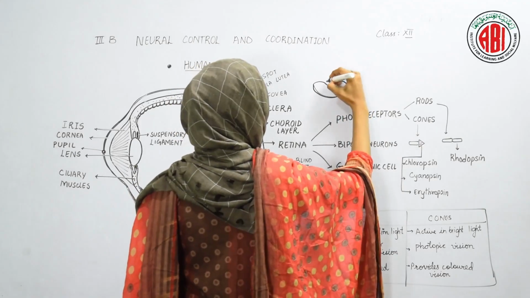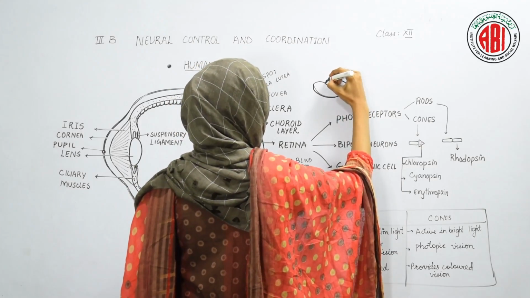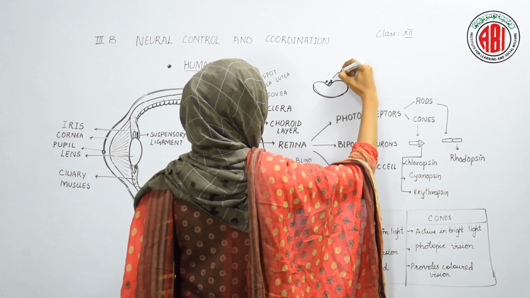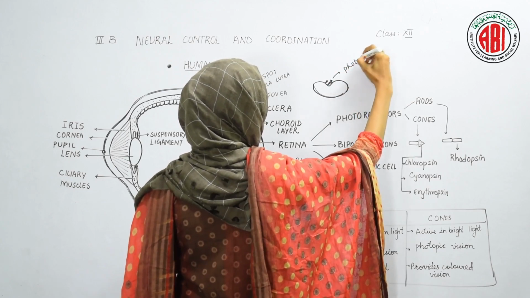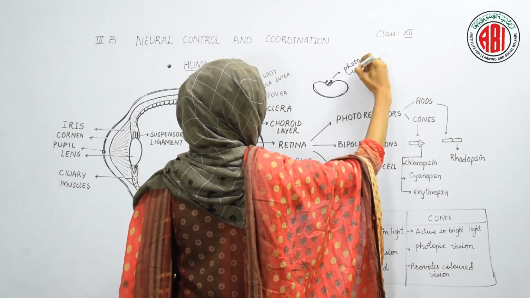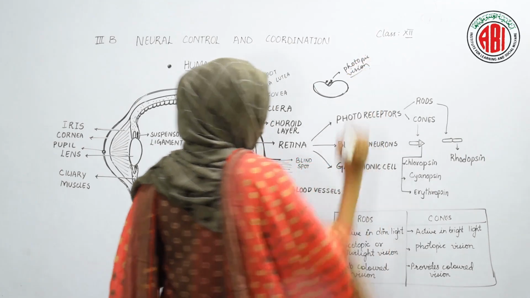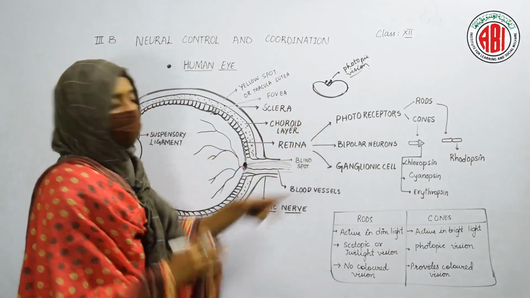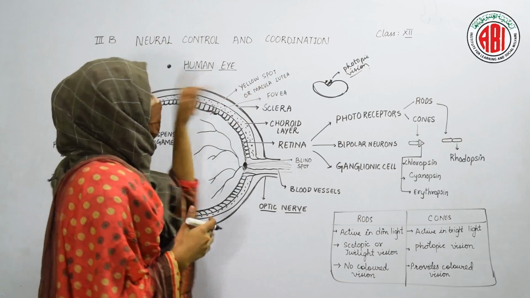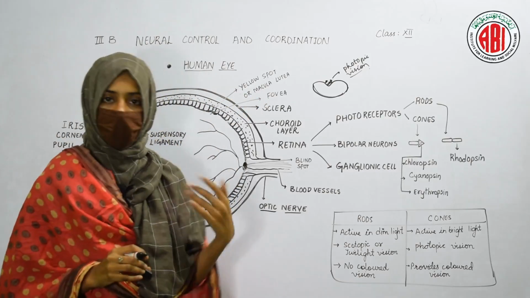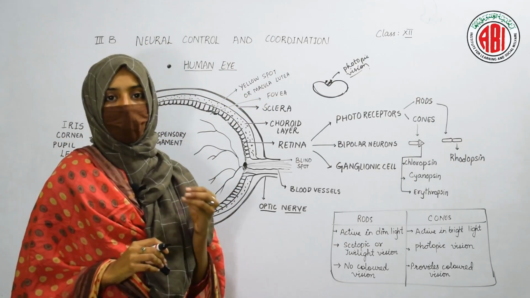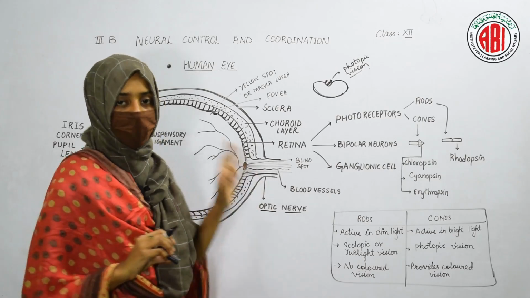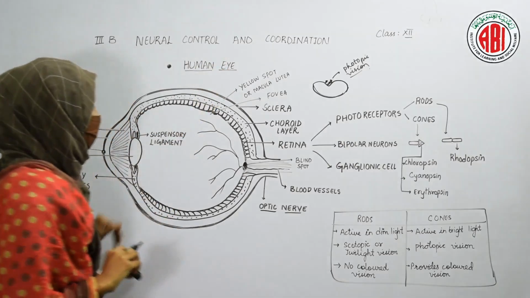So this depression contains a greater number of cones, and cones are the photoreceptors responsible for photopic vision. It shows you the colored objects. It provides colored vision. So due to the presence of more cones in the fovea, the resolution will be high, and you can see the picture or anything in the surroundings in a very clear manner when the light falls on the fovea.